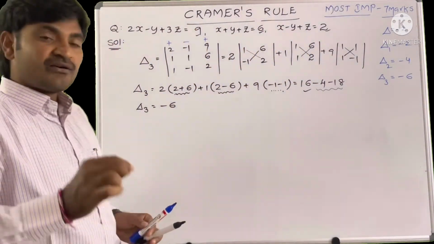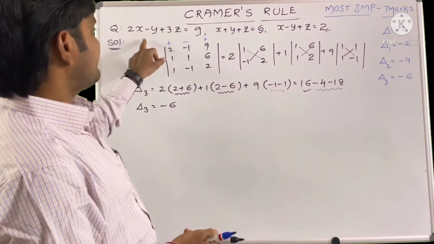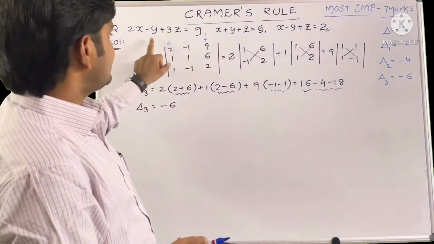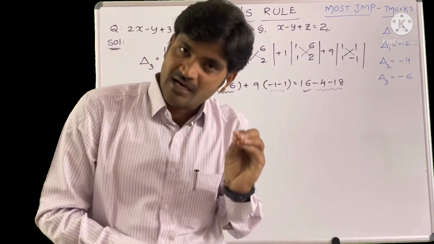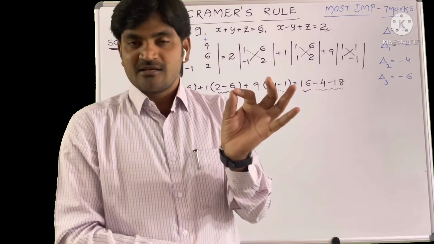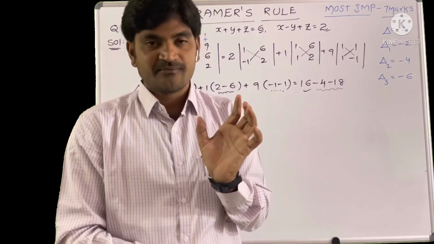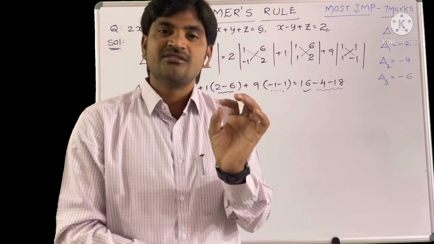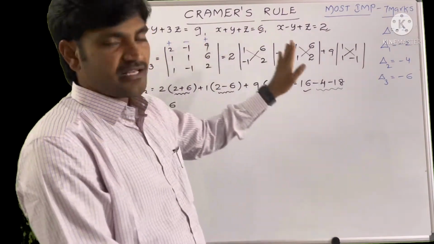Now we want to find the values of x, y, z. In these equations the unknown values are x, y, z. What is the meaning of solving? Solving means finding the unknown values x, y, z, the variable values.